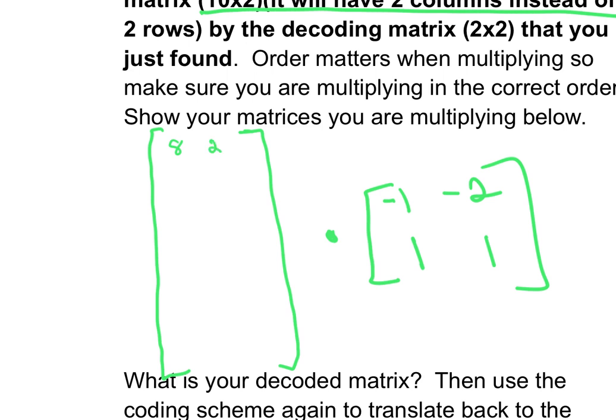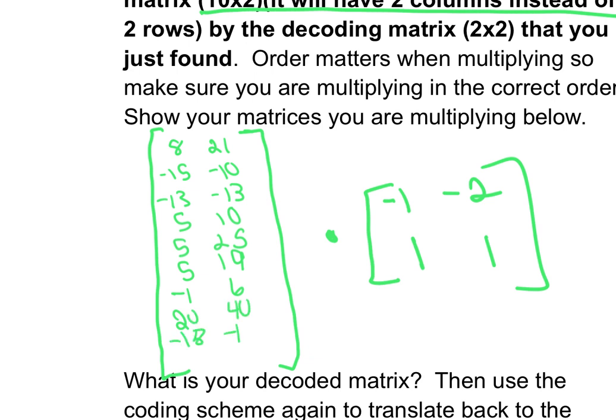8, 21, -15, -10, -13, -13, 5, 10, 5, 25, 5, 19, -1, 6, 20, 40, -18, -18, 1, 16.